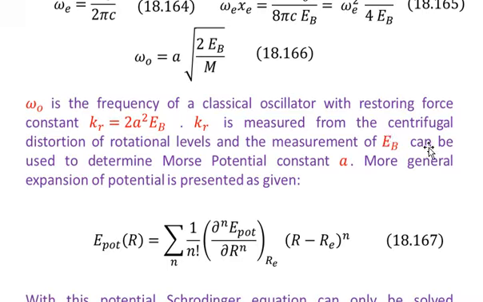Kr is measured from the centrifugal distortion of rotational levels, and the measurement of EB can be used to determine the Morse potential constant A.